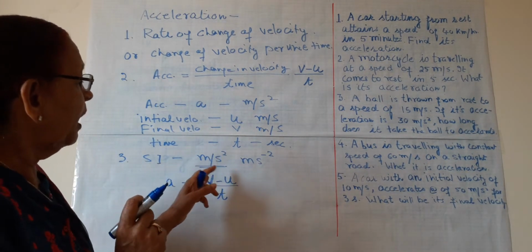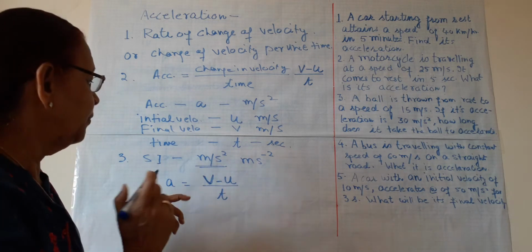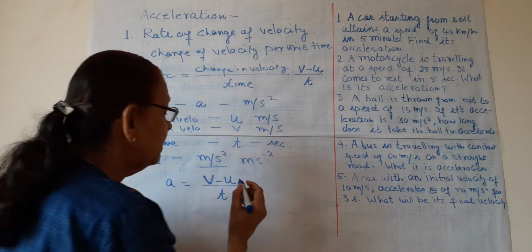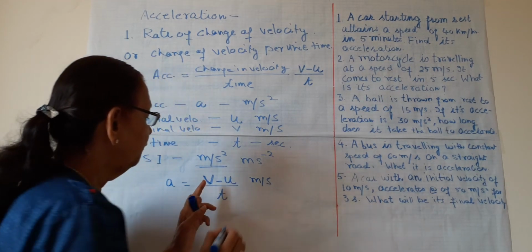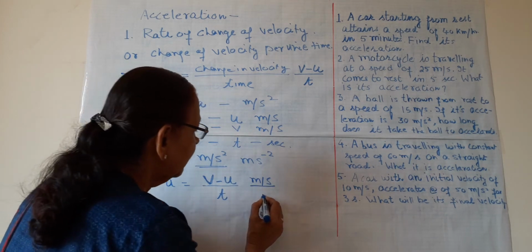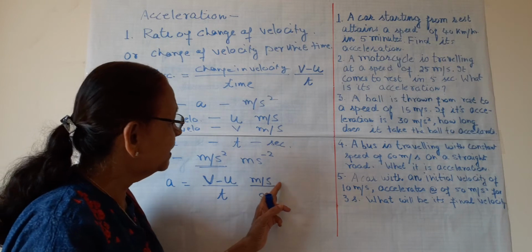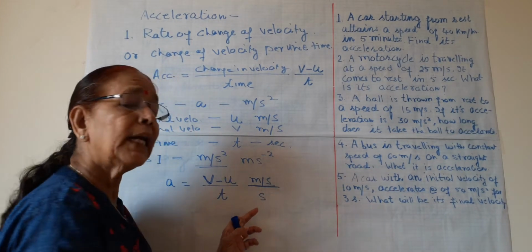So I am talking about how we get this SI unit. The unit of v or u is meter per second, upon t, which is second. So meter per second per second. When this line is drawn, it is again per.